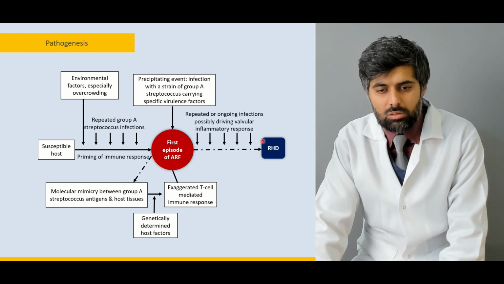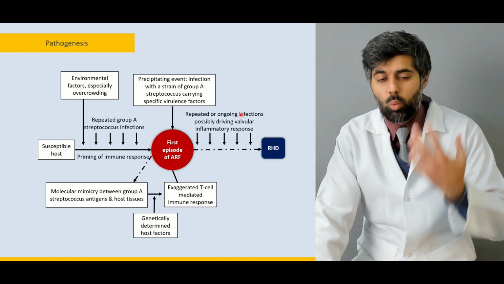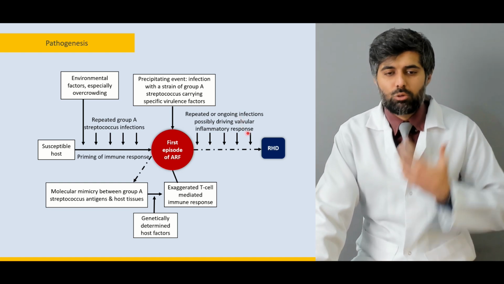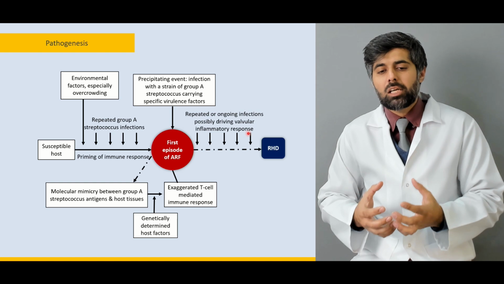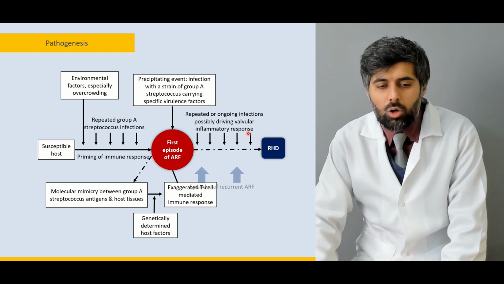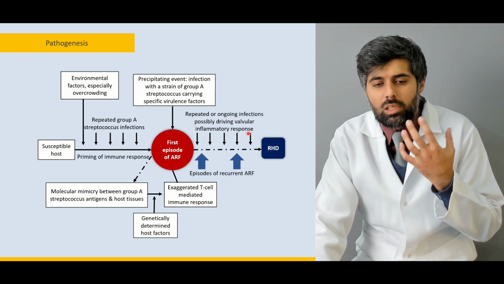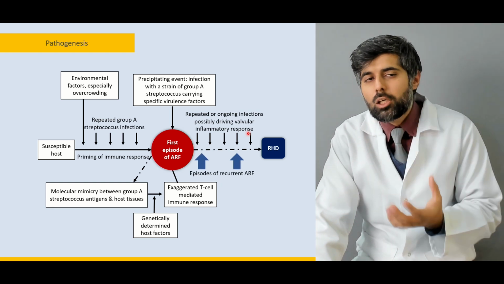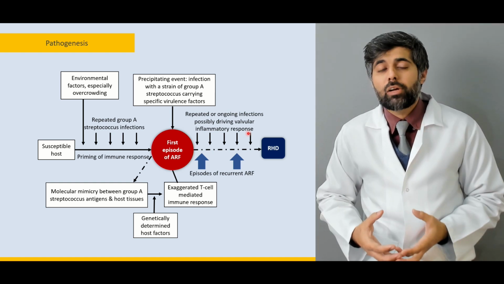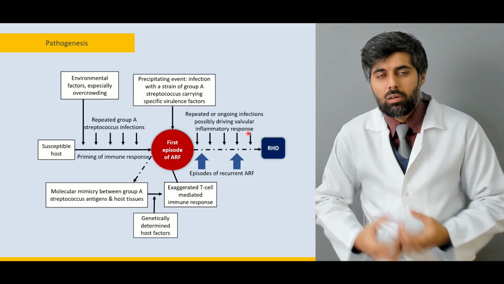And this is precipitated by either repeated or ongoing infections, which possibly drive the inflammatory response to higher levels, or the episodes of the acute rheumatic fever themselves become more frequent and recurrent.